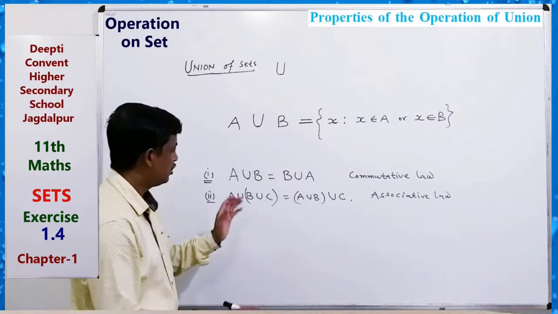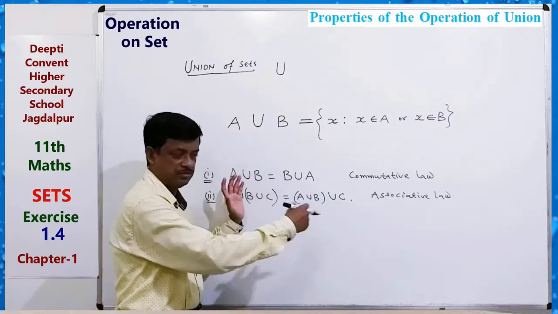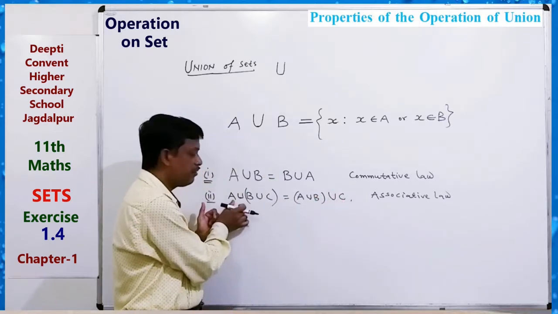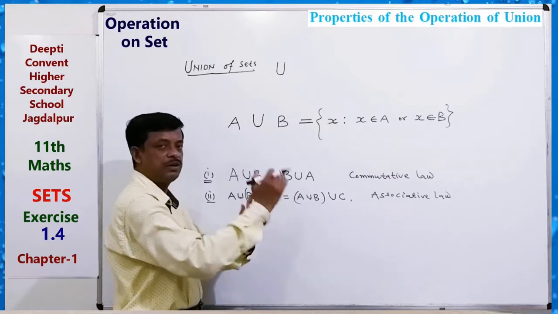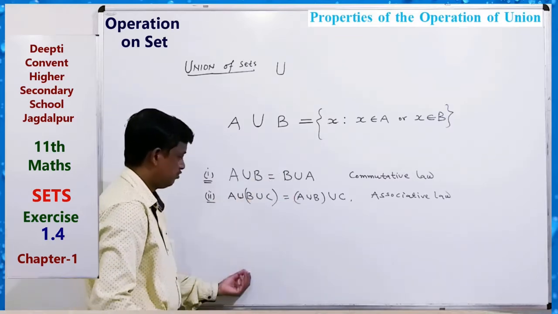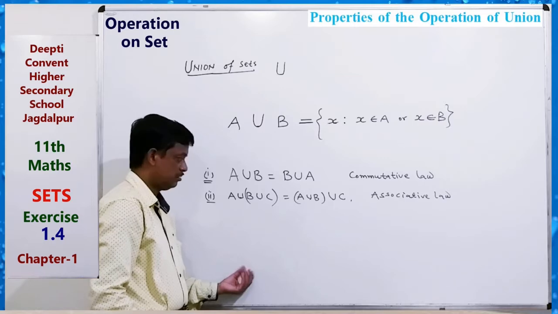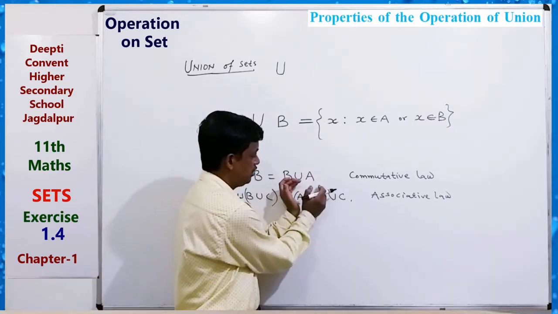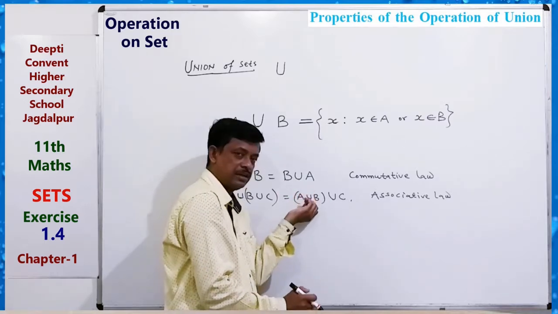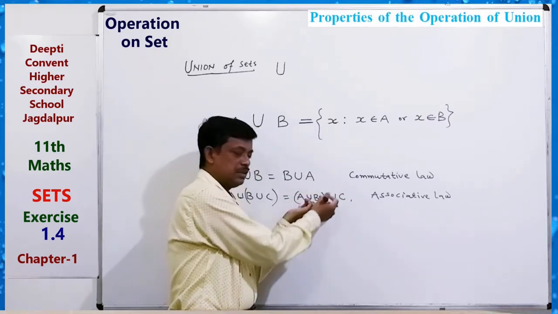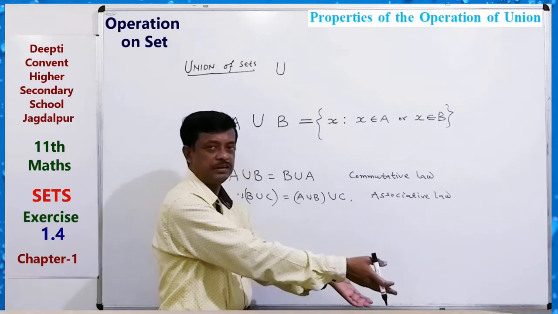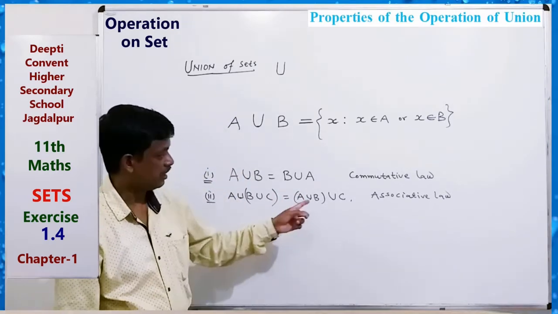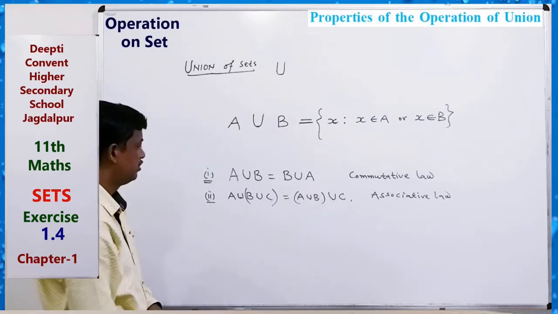First you find B union C, which is a new set. Then with that set, you take the union with A. Also you can first find A union B, and then with this set you take the union with C. Both will give the same set. This is called the associative law.